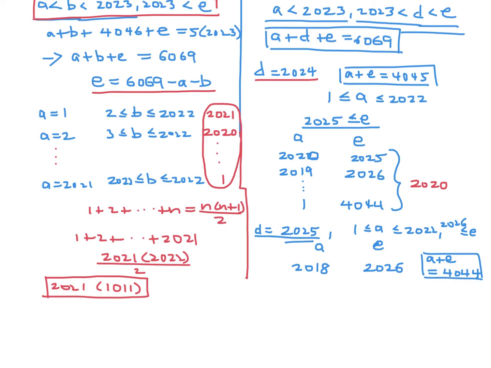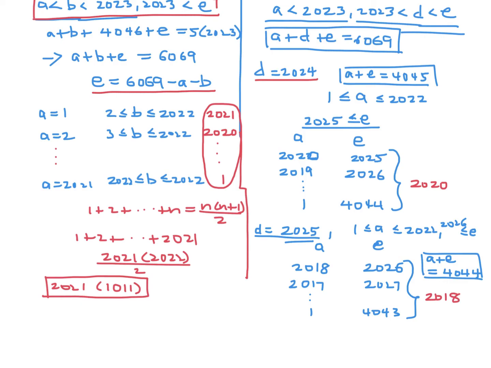Okay. So now we just keep going. If E is 2027, then this would be 2017, and then so on down, all the way down to the point where you go to 1, and this would be 4043. So how many cases do we have here? 2018.